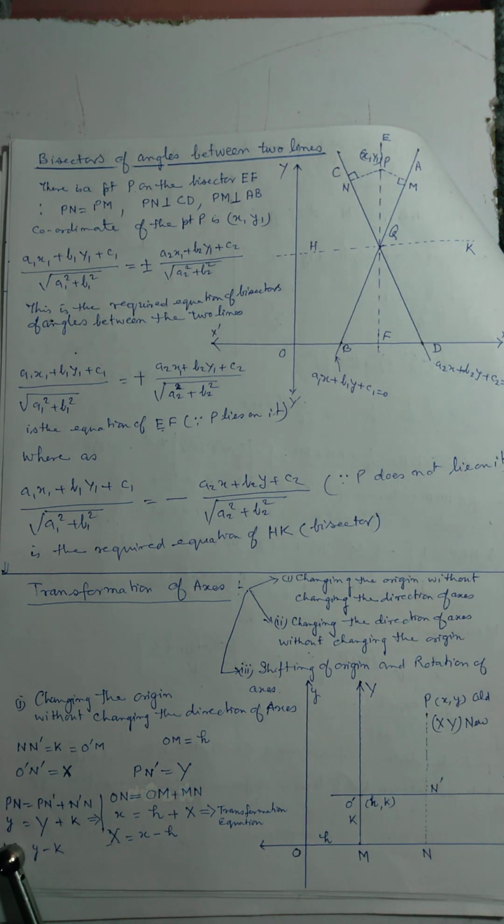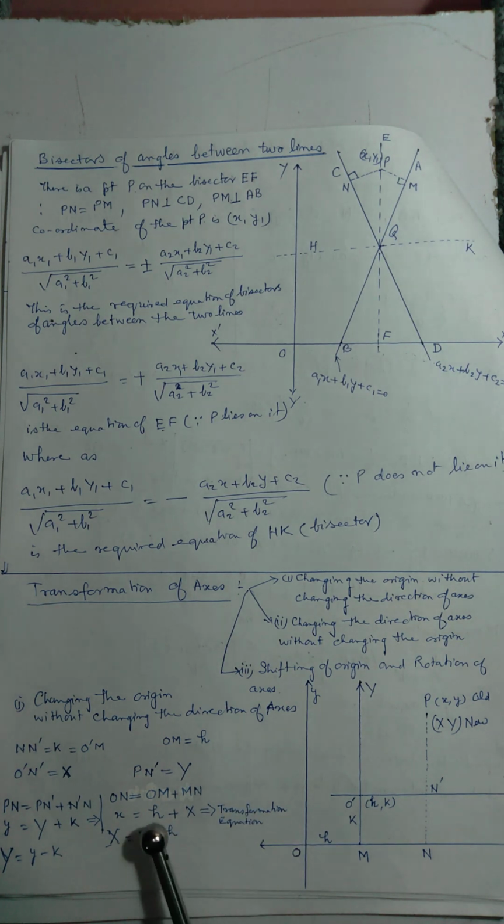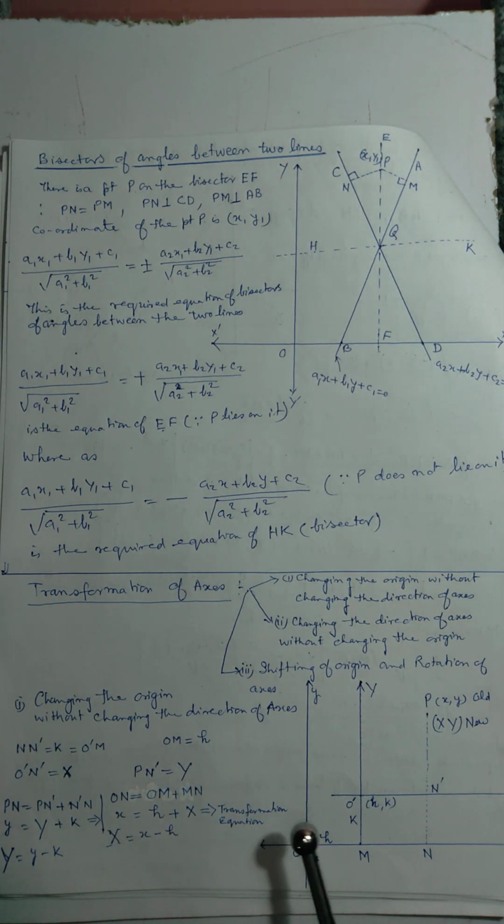So small y is equal to Y plus k, and small x is equal to h plus X, and these two equations are known as transformation equations.